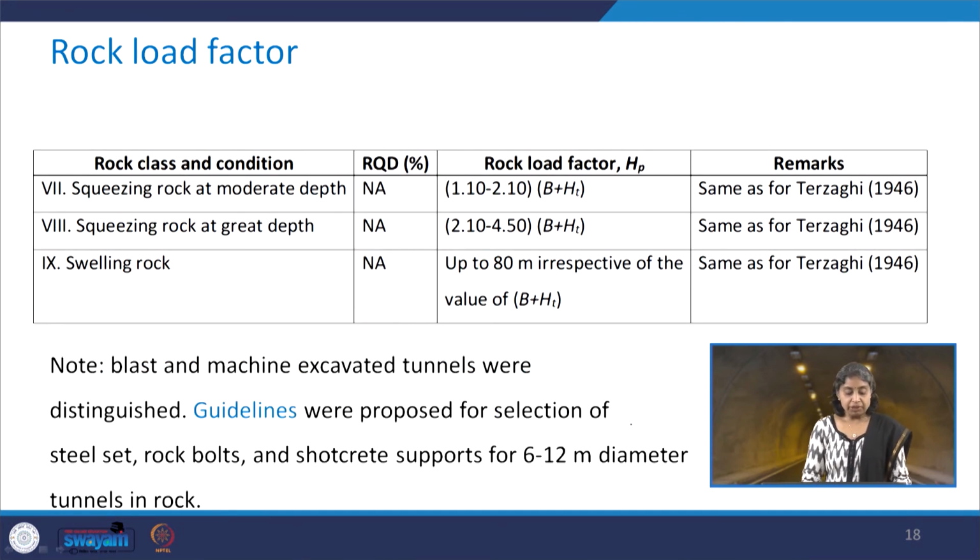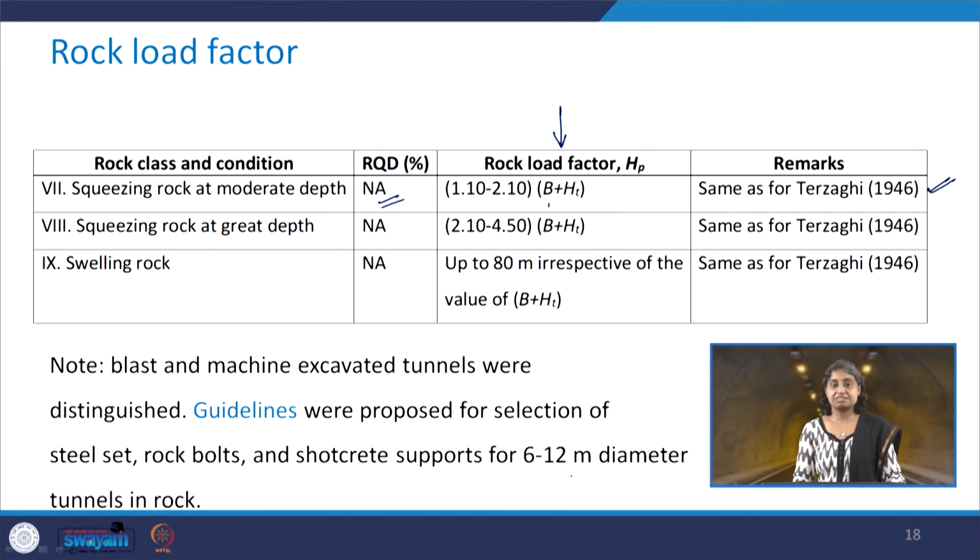Coming to squeezing rock at moderate depth, RQD is not applicable in this case, so the rock load factor expression remains the same as it was for Terzaghi 1946.